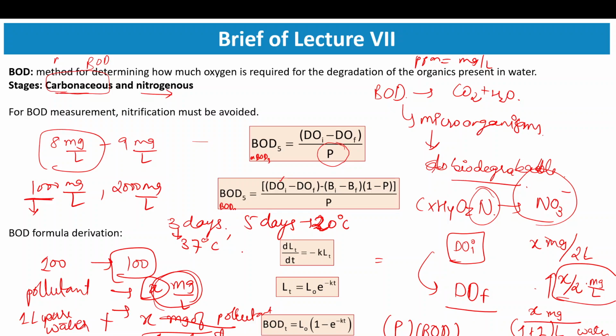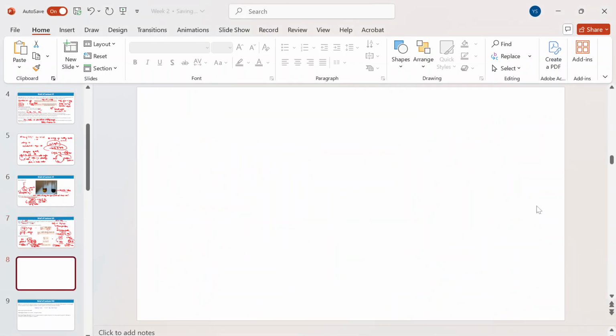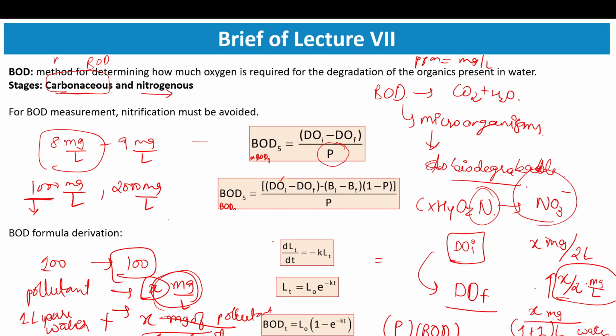Now, how is the BOD formula derived with respect to time, and what is the rate of it? Let's say L is the organic concentration at any time.